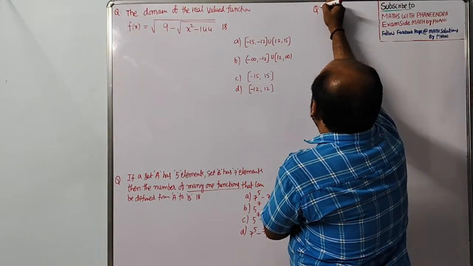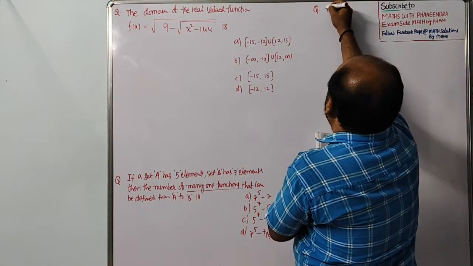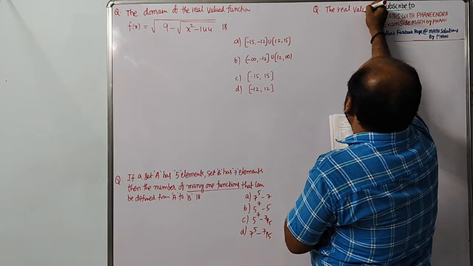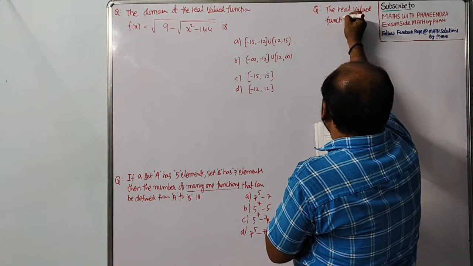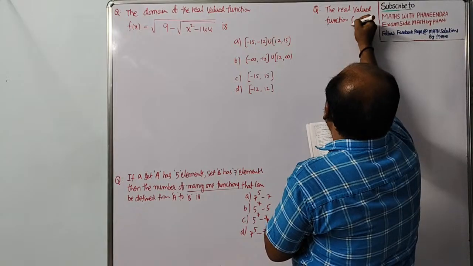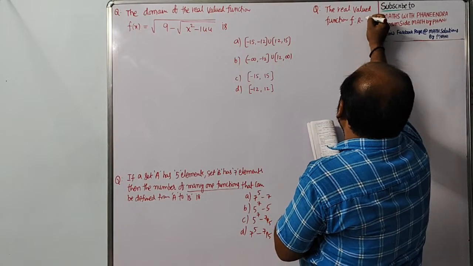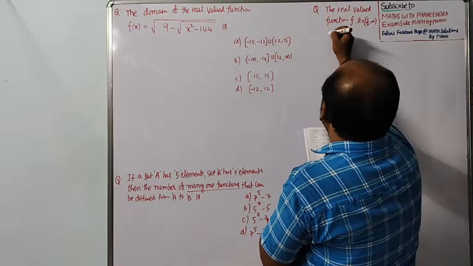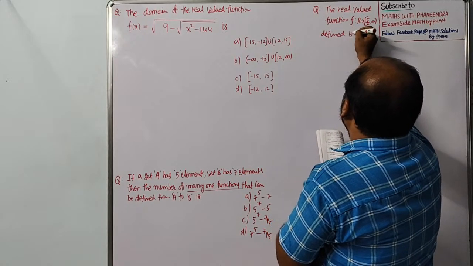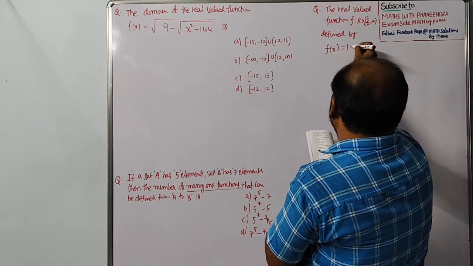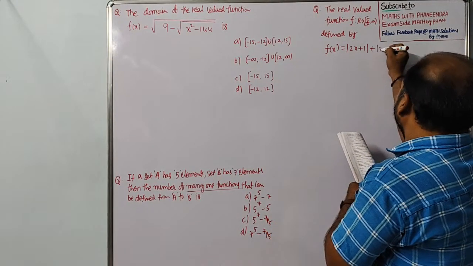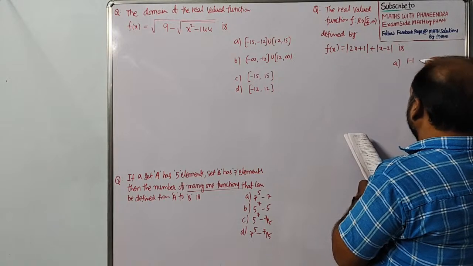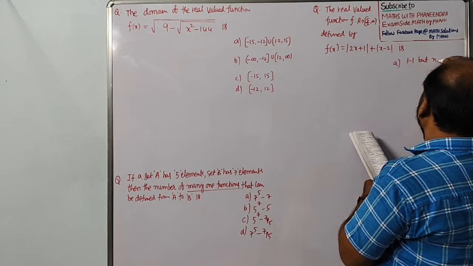Next, another question here. The real valued function f is defined from R to closed 5 by 2 to infinity, defined by f of x is equal to mod 2x plus 1 plus x minus 2 is, so first option one one but not onto.